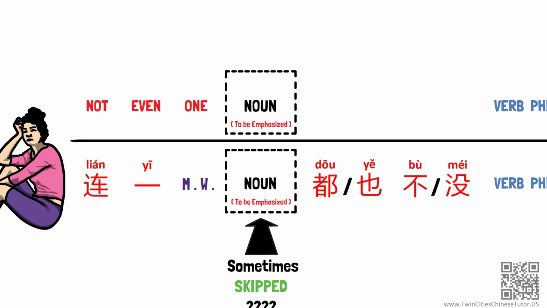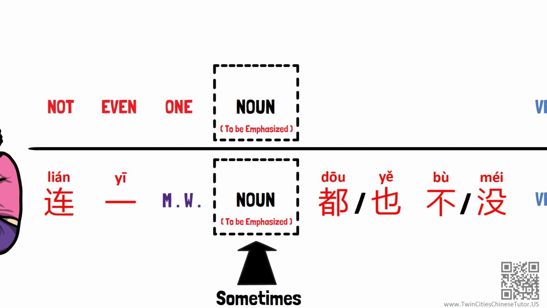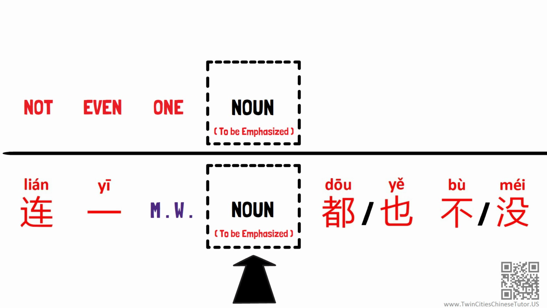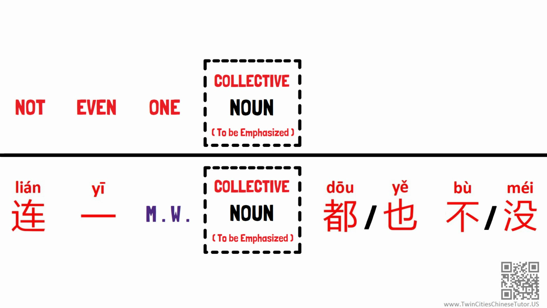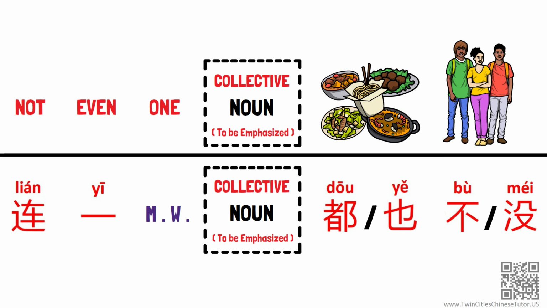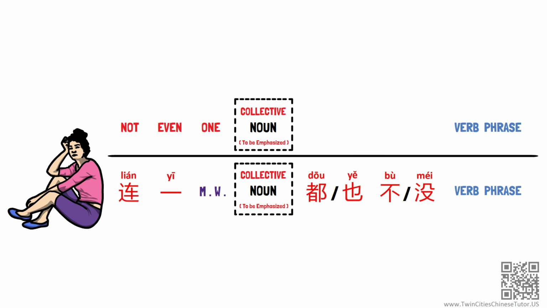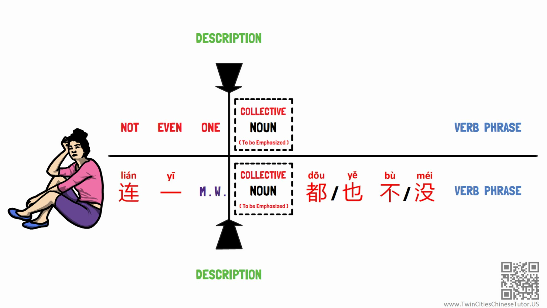First of all, when we use the phrase not even one in a sentence, it is important to notice that the noun to be emphasized is usually a collective noun, which is referring to a group of things or people, as we see in examples above. Now, sometimes extra descriptions are added before such nouns, and as the sentence runs longer, that makes it slightly more difficult for people to follow the meaning.